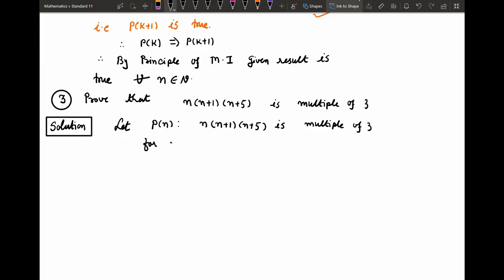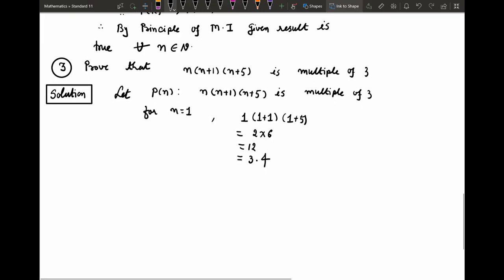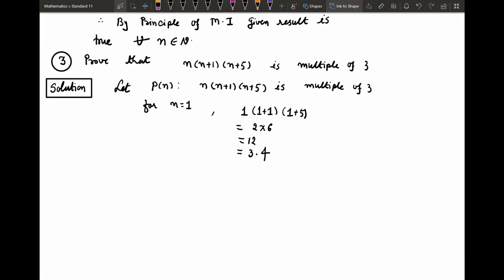For n equal to 1, the number is 1 into 1 plus 1 into 1 plus 5. So this is 1 plus 1, 2 into 6. So 12 can be written as 3 into 4. So you can observe this number is a multiple of 3.